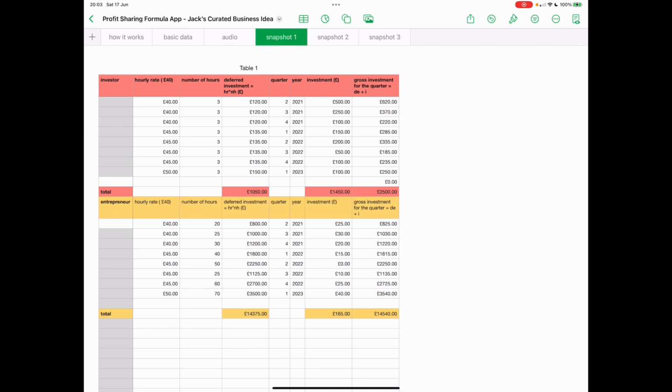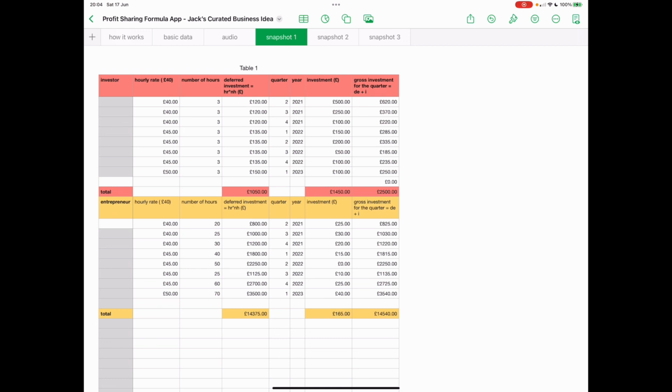For example, for the investor, the deferred amount was £120 for quarter 2 in 2021, and then his physical investment was £500. So the gross investment for quarter 2 in 2021 is £620, and then the rest of them are computed. So in all, from the time spent, the deferred investment was £1,050 for the investor.